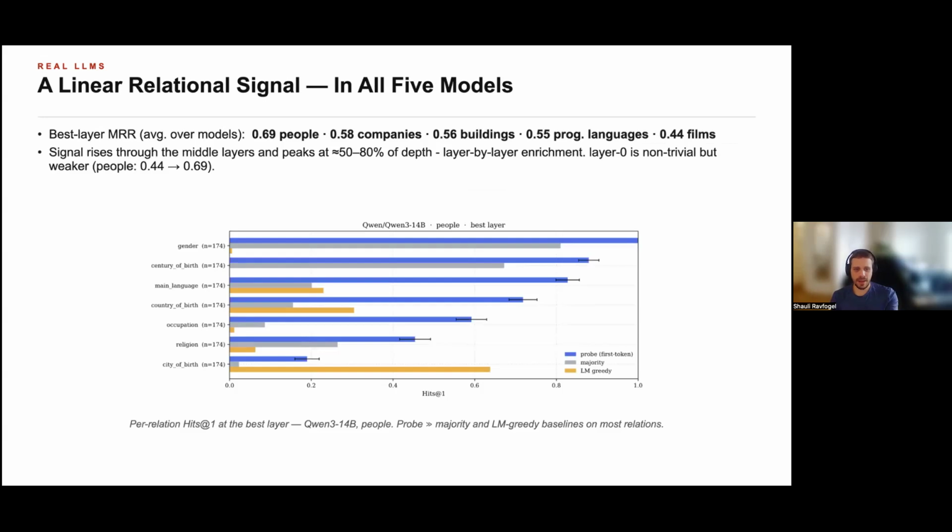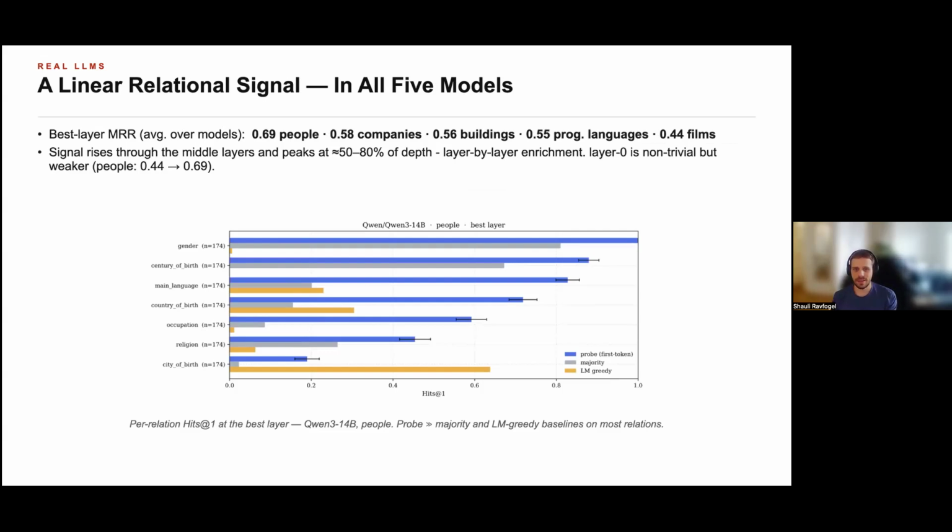We see on the y-axis different kinds of factual relations, and the metric is one particular way to quantify the ability to linearly decode the answer from the embedding of the subject. This is not on the input embedding layer. This is on some relatively early intermediate layers.